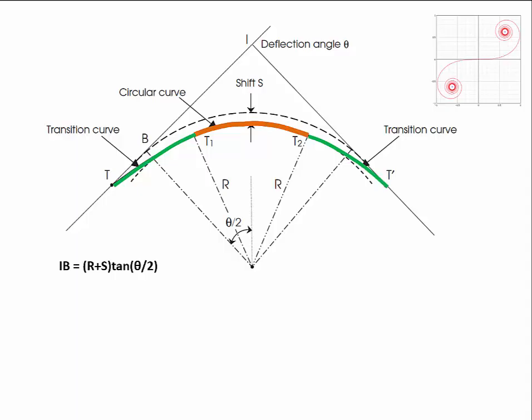Look at some geometry. We want to work out IB. B is the midpoint of the transition. Okay. So the distance IB must be equal to R plus S, because this is the distance S, and that gives us what would have been our original circular curve. So it's actually a modified radius, original radius, multiplied by tan theta over 2, which you should recognise as the equation for the tangent length.